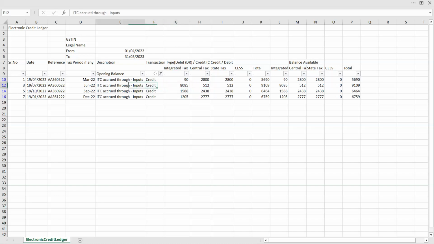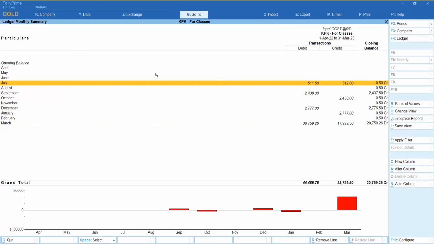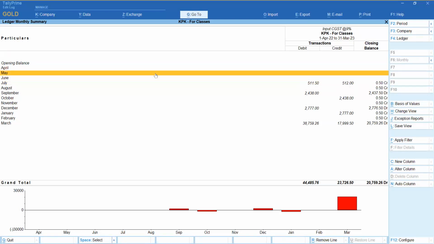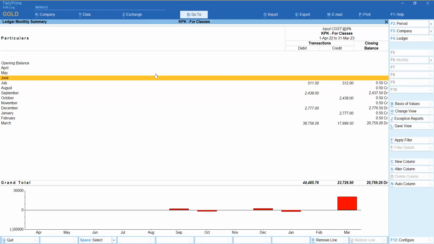So on 19th July, there is a debit of 512 in CGST, 512 in SGST. I am talking about the transaction, not the balance. And IGST 8085. If I would have done my entries properly in Tally, this 512 would have accumulated during April, May, June, whatever purchases I have made.